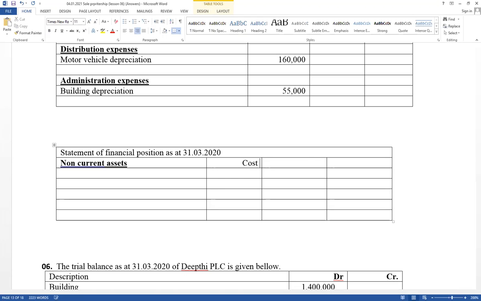Cost, then accumulated depreciation, as well as net book value. Land is not given here. Building as well as motor vehicle.